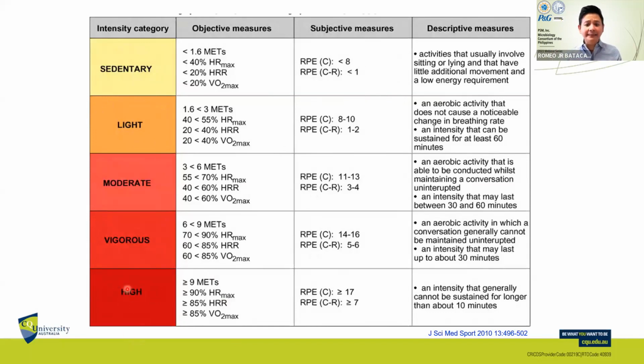HIIT, on the other hand, compared to moderate to vigorous intensity physical activity, would require less time. For example, the Tabata workouts would only take about 20 minutes to complete. So that's why these two are quite popular compared to moderate to vigorous physical activity.